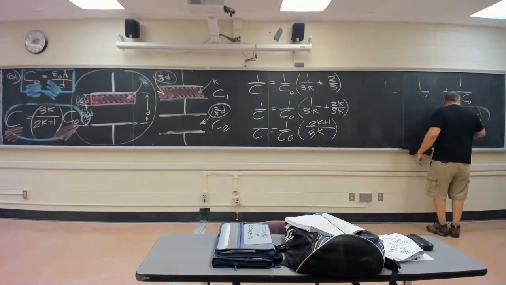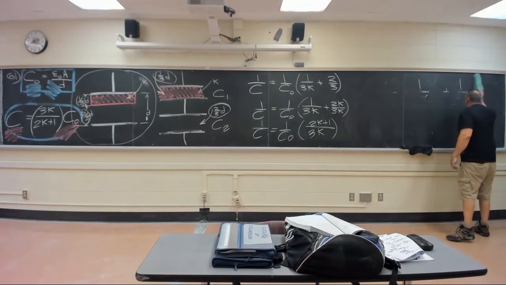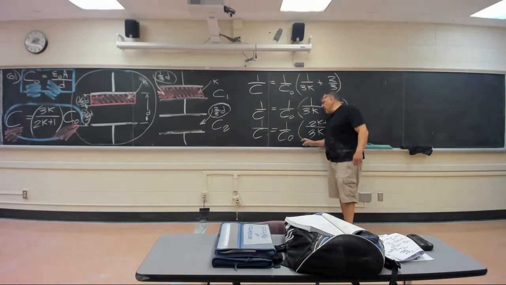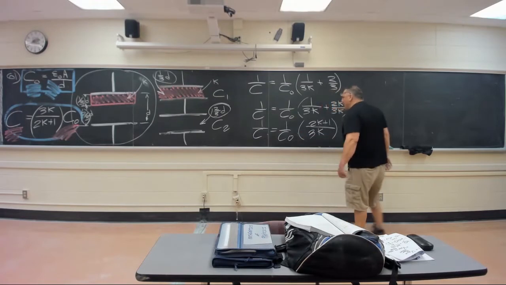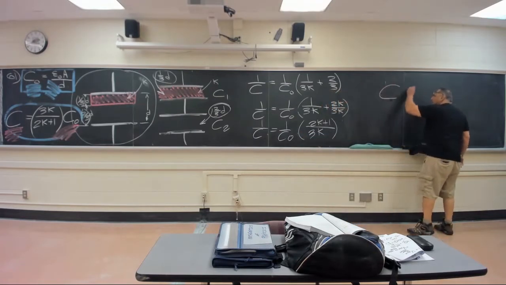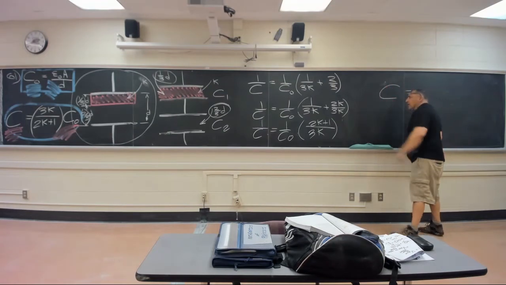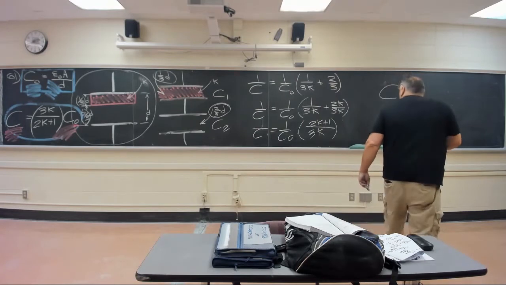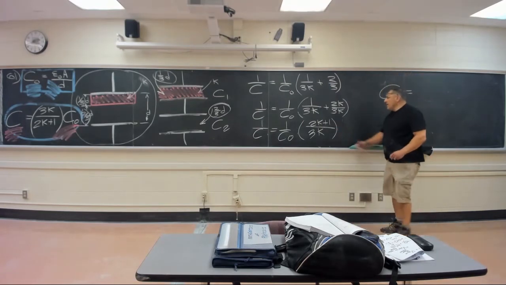The reciprocal of a product is the product of the reciprocals. The product of these two factors, get the reciprocal of each of these, and when it flips, you are done. C equals, flip this.